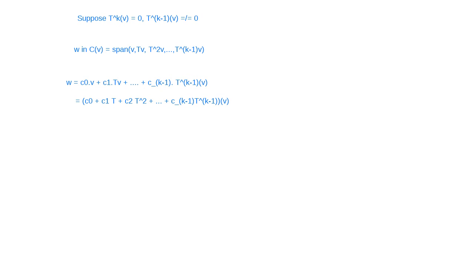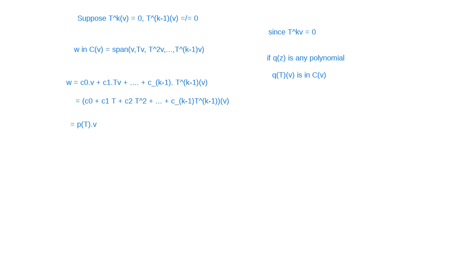Okay. So any vector in the cyclic subspace is a polynomial of t applied to our vector v that we started with. Furthermore, since t to the k of v equals 0, if q of z is any polynomial, you can show that q of t of v is also in C of v.